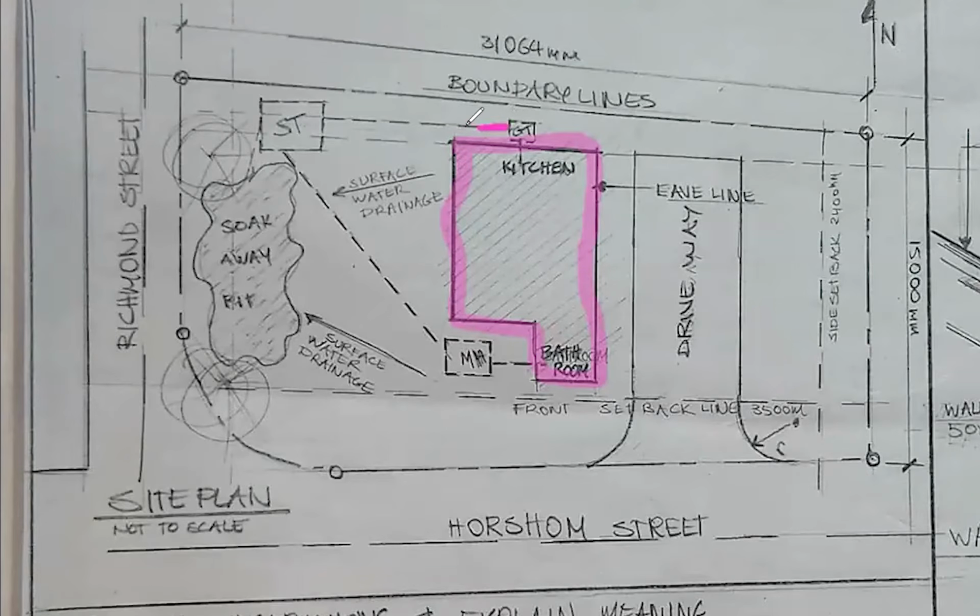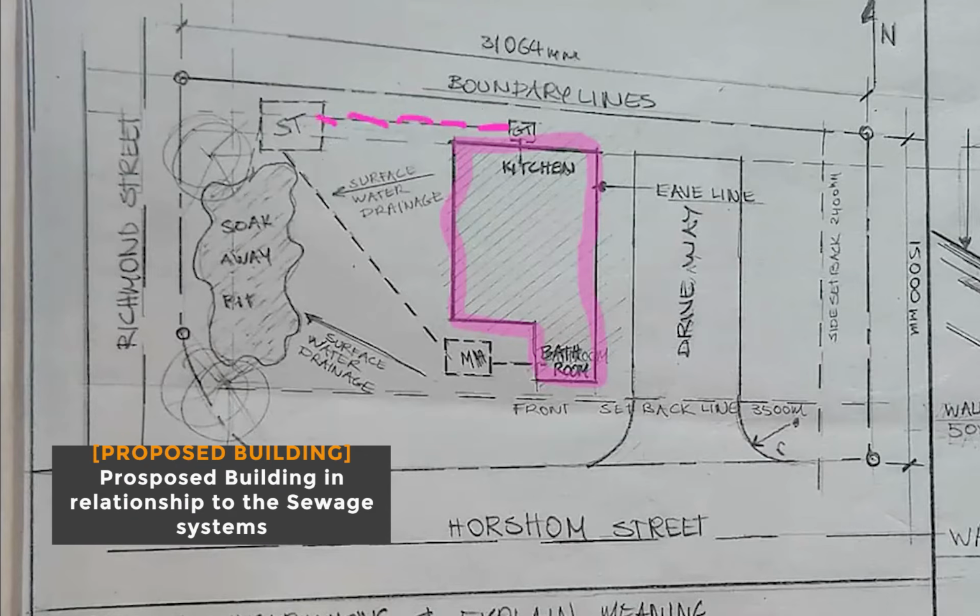These dash lines that you see here, these are our pipes. And these pipes go straight to the septic tank. Out of the kitchen, they go to a grease trap. Out of the bathroom, they go to something called a manhole, which is a temporary chamber, and then they go off to the septic tank.